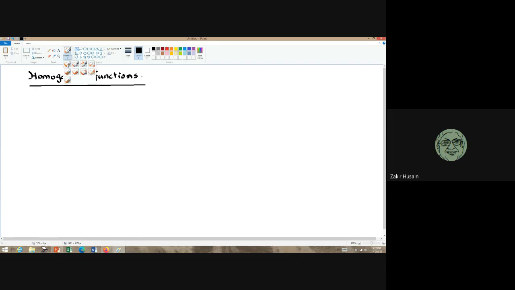Suppose we have a function, and we increase the values of all these variables by lambda times.